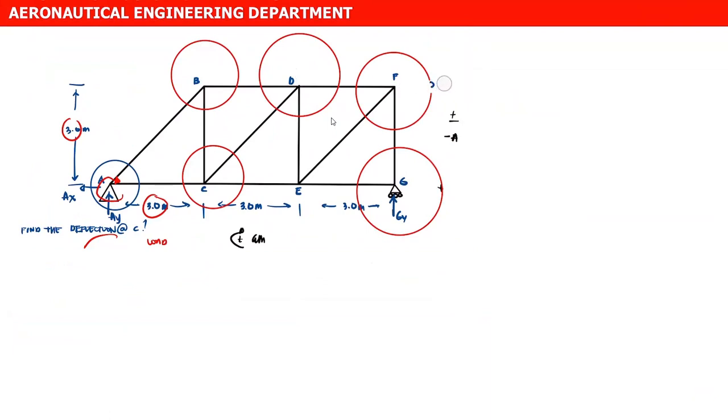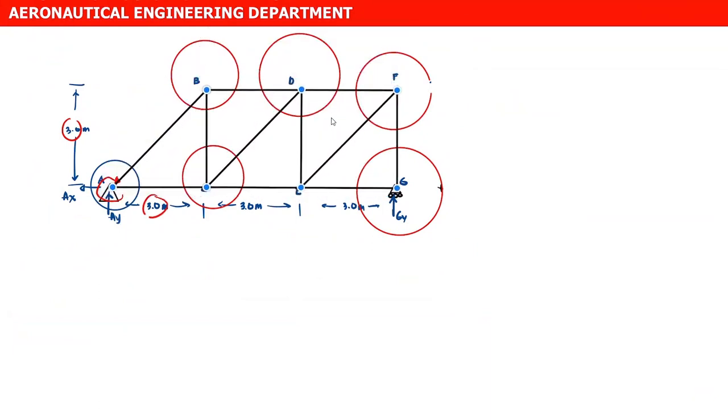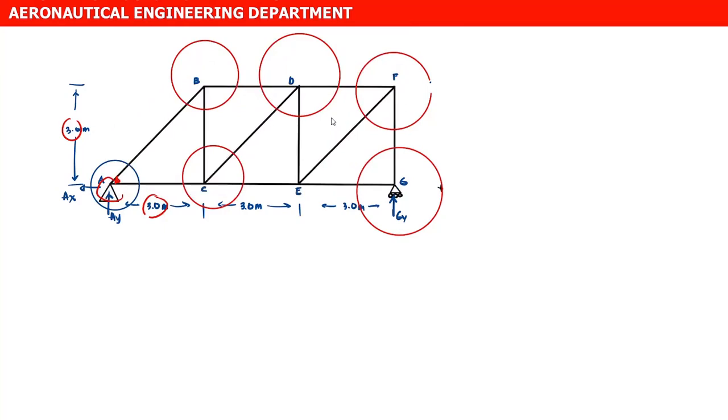Sorry. Okay? So, ang meron ka lang is yung length, yung mga reactions, and yung 1.0 na load. So, sabi, find the deflection at C. Ibig sabihin, maglalagay ka ng dummy load dun sa ating C.